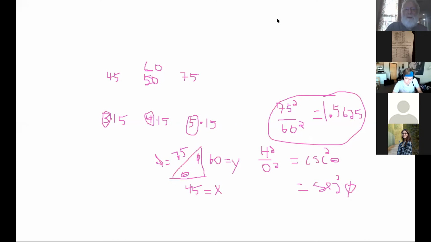Again, I can't use my document camera, so let me just clear all this. Here's my rectangle. The table gives the short side. You put a diagonal in there, that's your D. And this is the missing side.